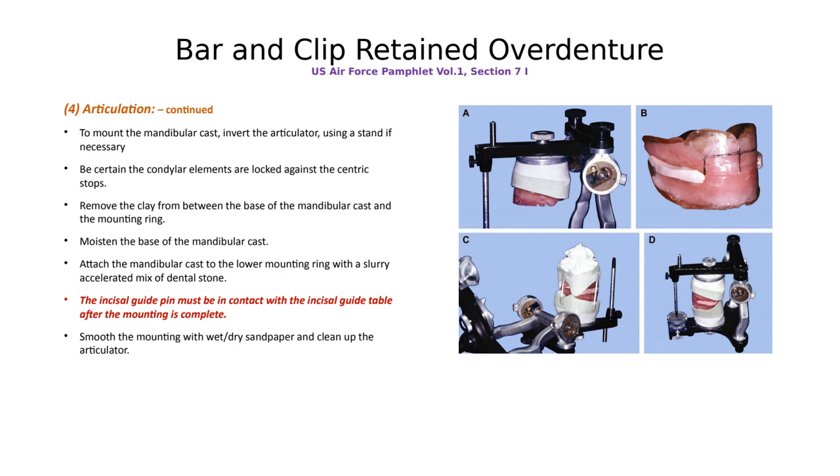If the pin is open, that means we open up the vertical dimension for the patient. So when it's time for the dentist to insert the final restoration, that's going to interfere with the bite and the patient will not be able to close their mouth. So very important, always keep the pin at the position it was in during the mounting.